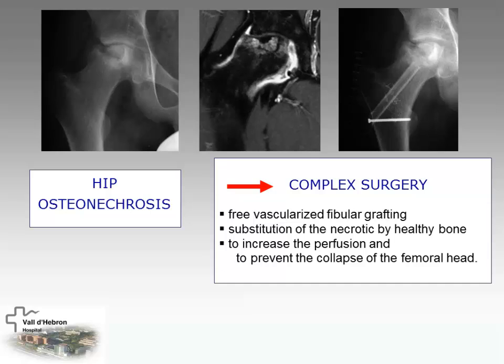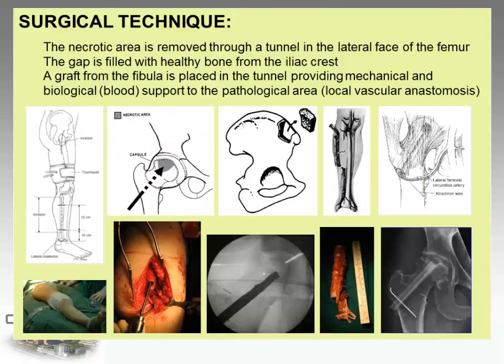On the left, you have the magnetic resonance image before the surgery, and here, after the surgery, they make a hole through all the femoral neck, and they put new bone in this hole for the femoral head, and they put a vascularized fibular graft.